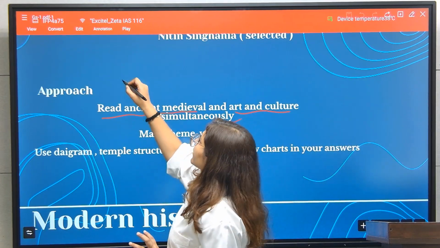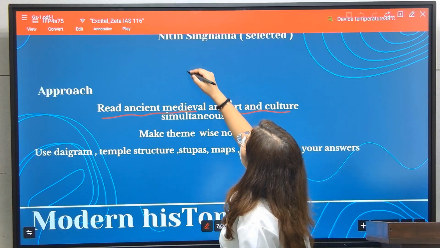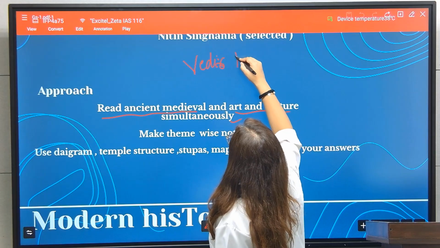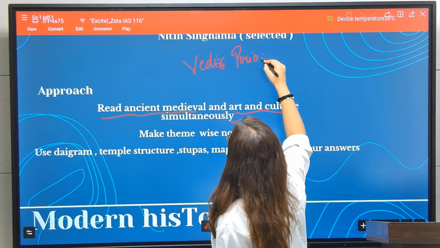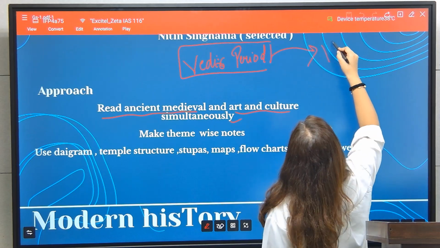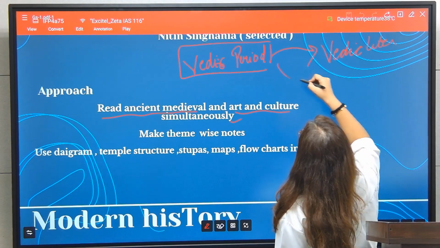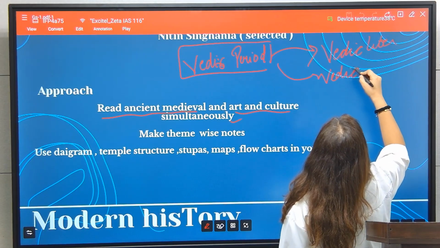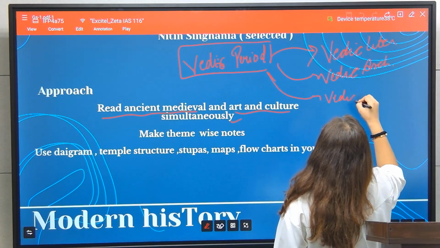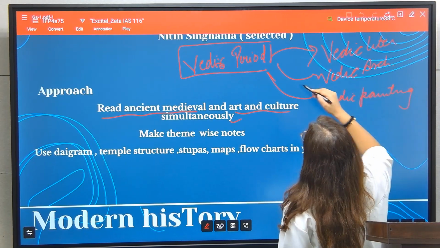Suppose in the ancient part, you are doing the Vedic period. So simultaneously you have to do Vedic literature, Vedic architecture, Vedic art, paintings, so all Vedic culture.